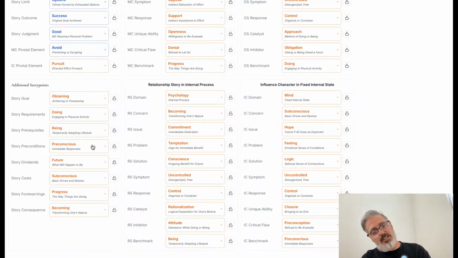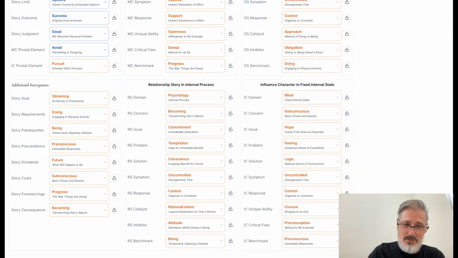We know some of the preconditions that make it more difficult because of the people they have to deal with in order to get to that goal. We know some dividends that are won along the way. We know costs, like what that's going to cost for us. We have some forewarnings when things are getting worse, and then we have the consequence. If we don't get this goal, this is what's going to happen.